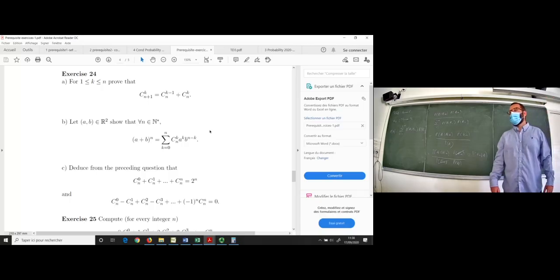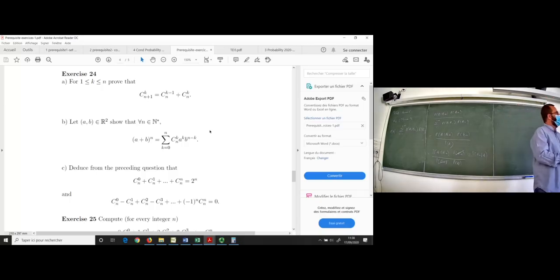You have probably already seen it: if you take n equal to 2, you just have (a+b) squared equal to a squared plus b squared plus 2ab. It's just a generalization of this formula to a power n. That's what we are going to prove, and we are going to deduce from this formula.